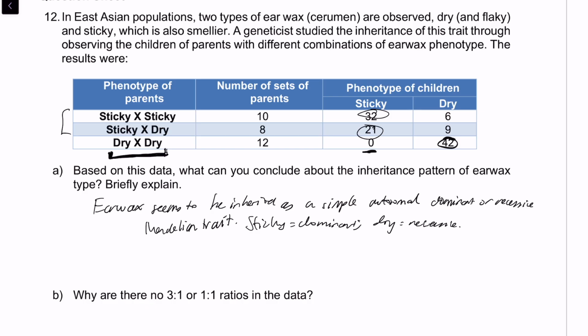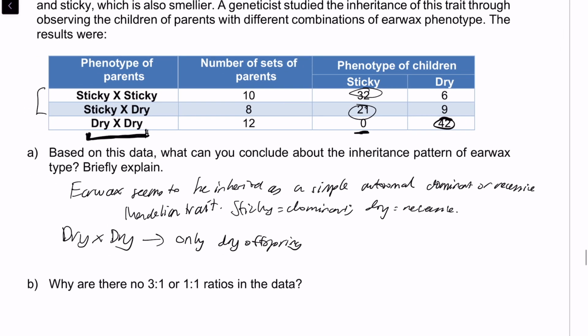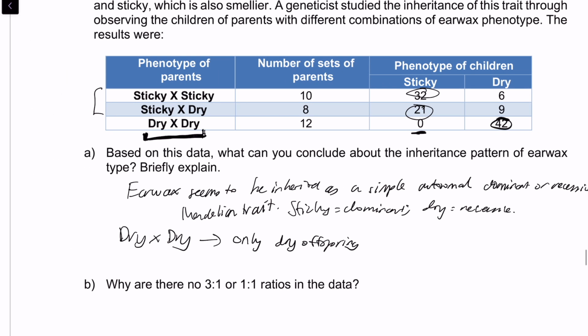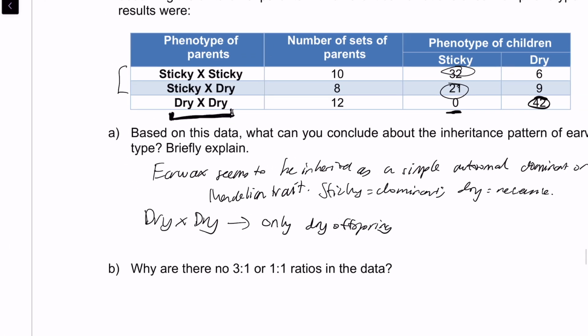And we know that sticky is dominant and dry is recessive because the crosses between dry individuals would produce only dry offspring. Okay, and the reason for that is because if dry was recessive, that means we would need to have two recessive alleles in order to express that phenotype. Okay, so say our recessive allele was lowercase a.